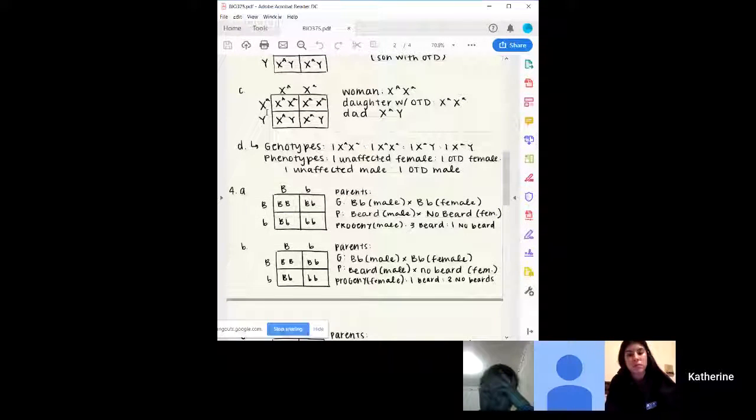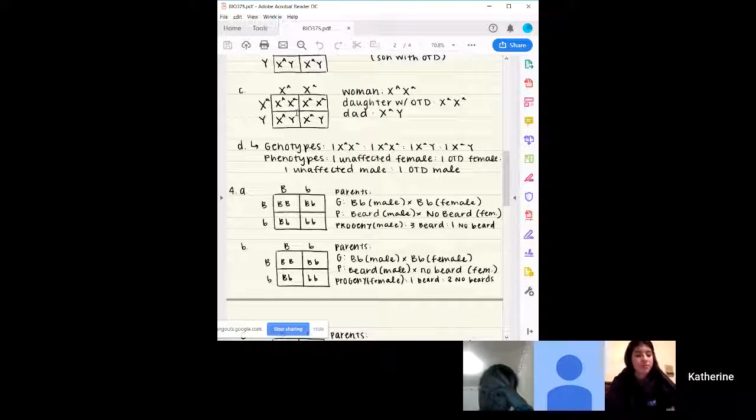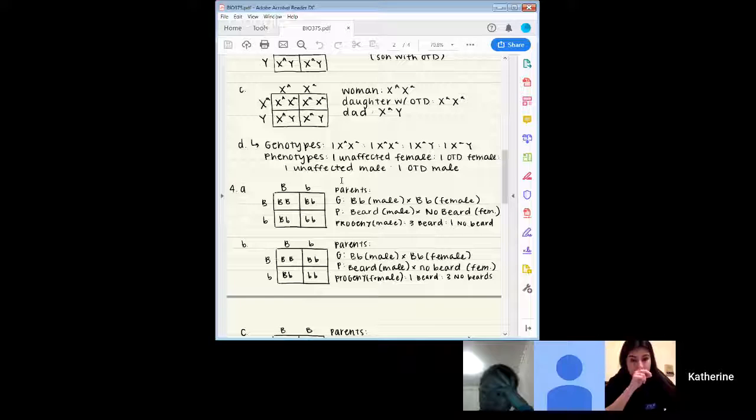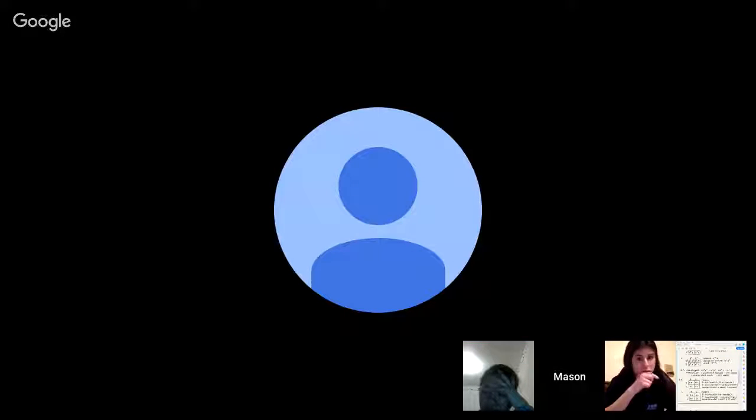So I knew the male would have to be recessive. Wouldn't he have to be recessive anyway? Because the woman would need 2 recessive alleles to produce the disease, and the guy can only give 1 X. Oh yeah, you're right. No matter what, if a daughter is going to have OTD, her dad has to have it. Guaranteed.